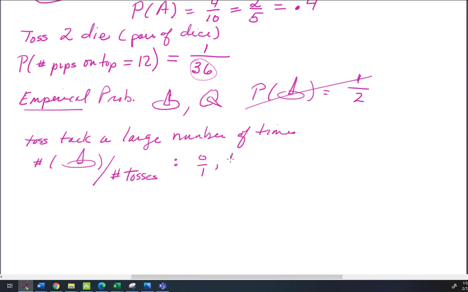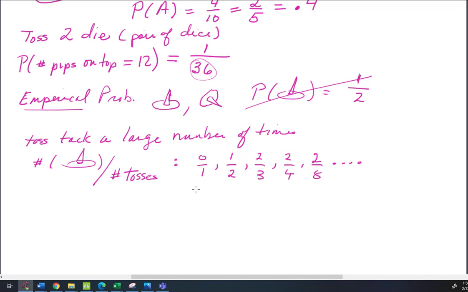And then if I got a point up, the totals would be 1 out of 2. And then if I got a point up, it would be 2 out of 3. And then if I got a point down, it would be 2 out of 4. And then another point down would be 2 out of 5. And I want you to keep going like that.